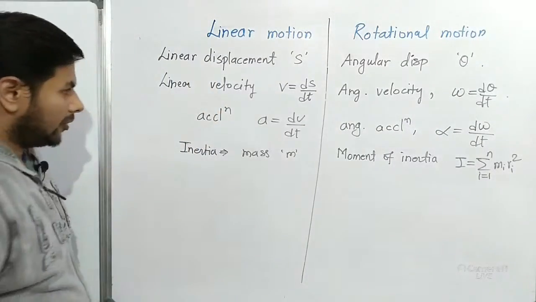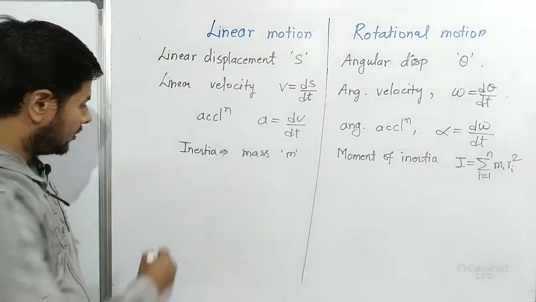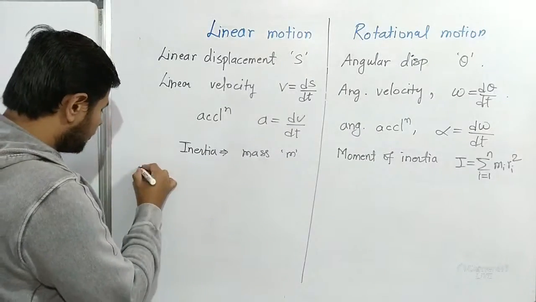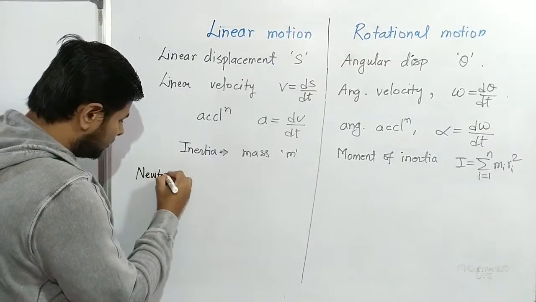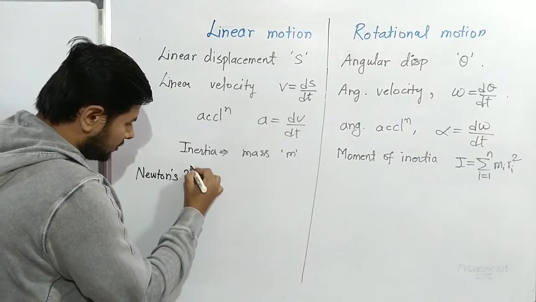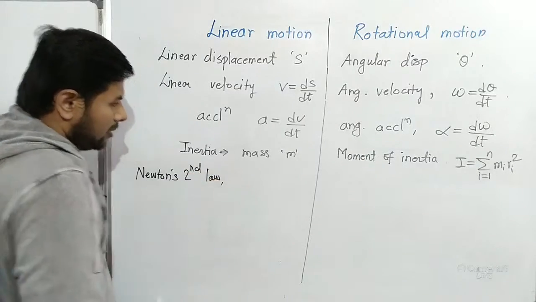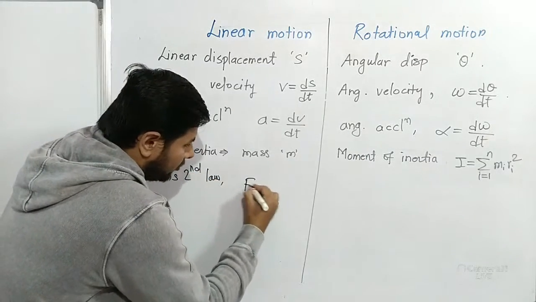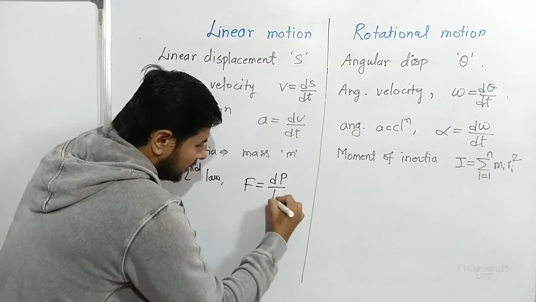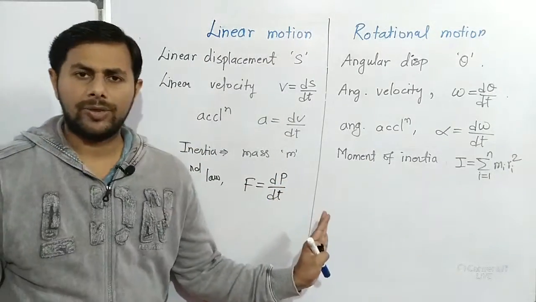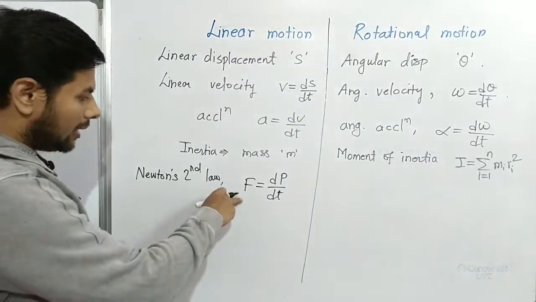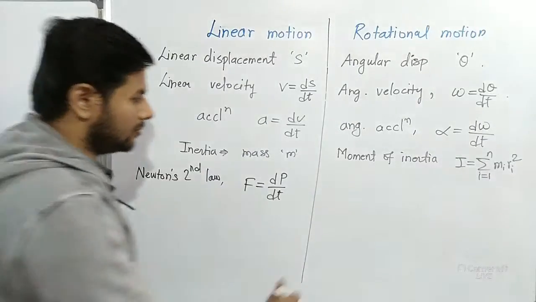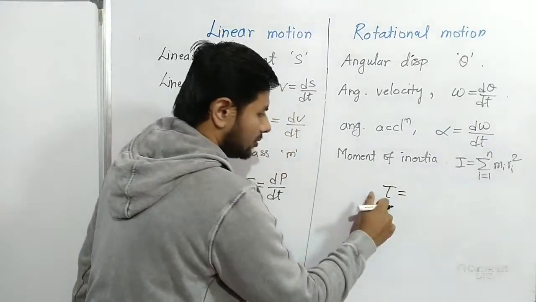Next we have force. So we have Newton's second law, which tells us force is dp by dt, rate of change of linear momentum with respect to time. The analogous quantity of force in rotational motion is torque.